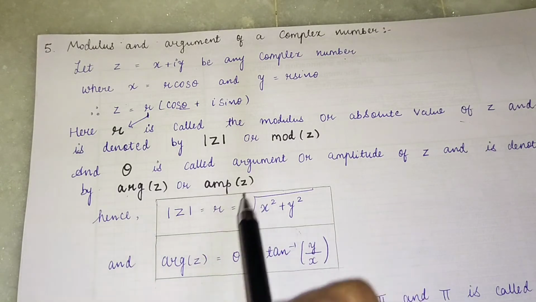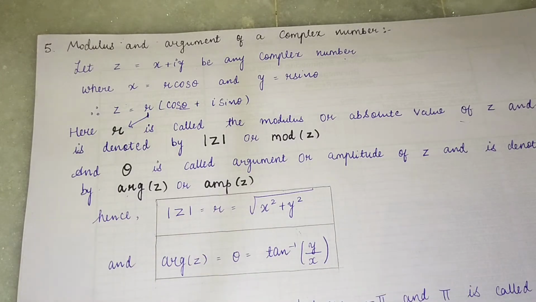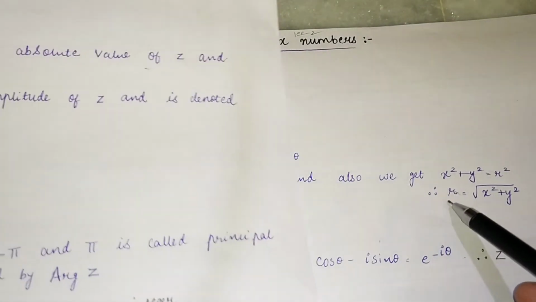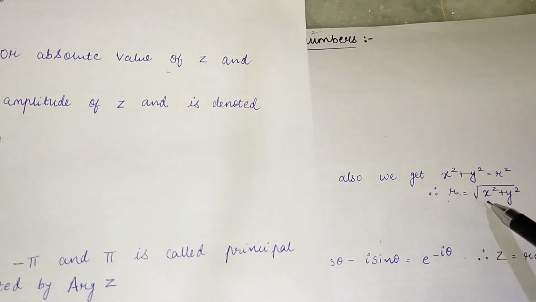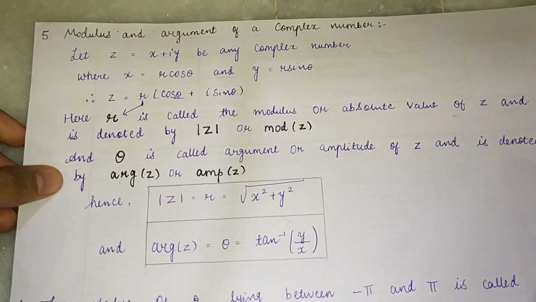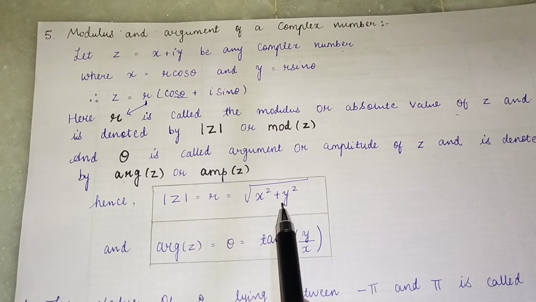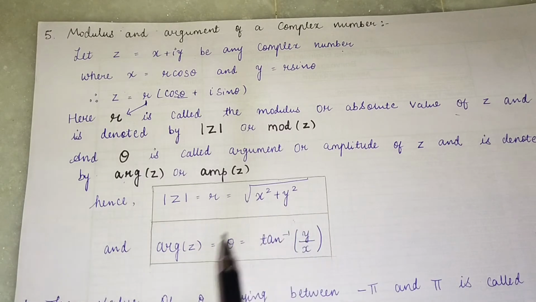So we can say that mod of z is equivalent to r, and according to this property, r is equivalent to under root x square plus y square. So mod z equal to r, which is under root x square plus y square. And argument of z is equivalent to theta, and theta is equivalent to tan inverse y by x.